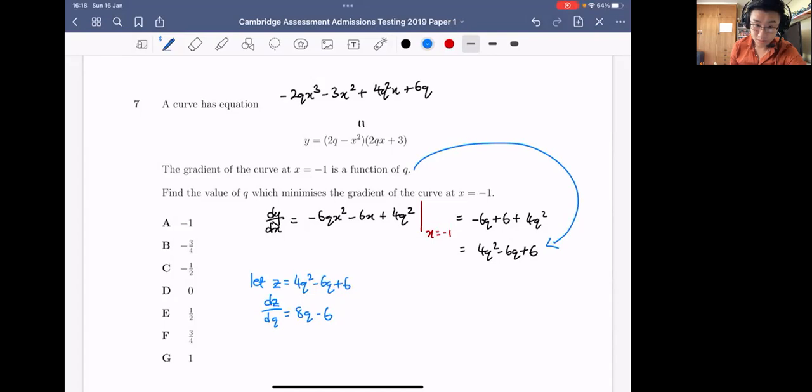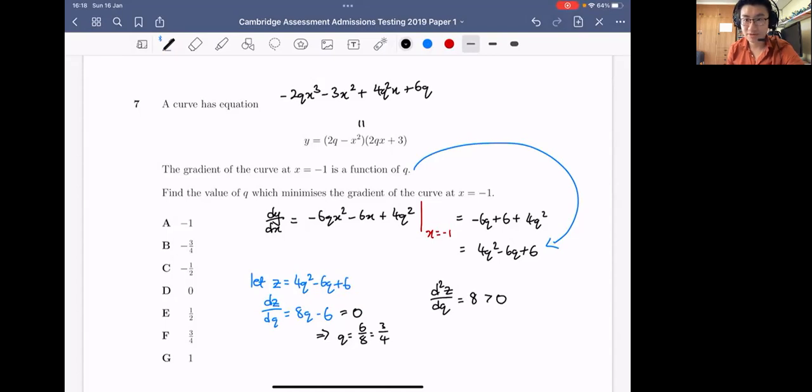I'm guessing we make this equal to 0 so that q is equal to 6 on 8, which is 3/4. And I don't know if this trick is taught in England, but if you consider the second derivative, which is 8, which is always greater than 0.